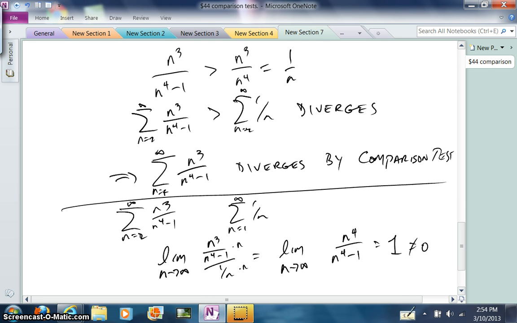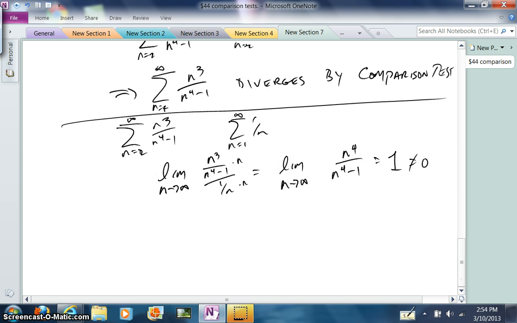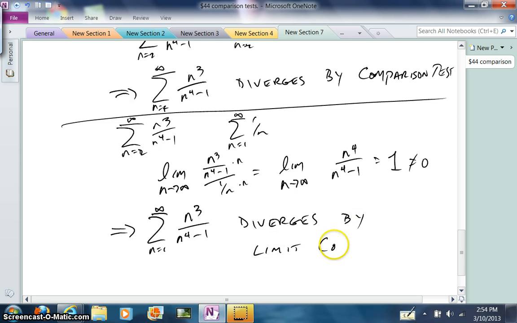So I got that constant, which is not equal to 0, and so I must conclude that both series either diverge or converge. But since we know that this diverges, the harmonic series, the one that we were given must also diverge. Diverges by limit comparison.